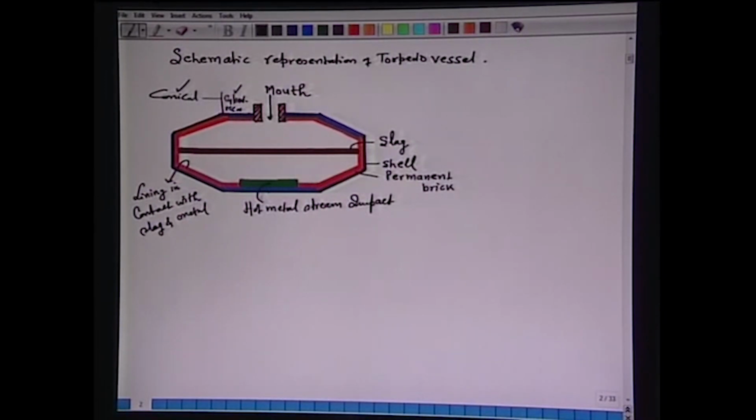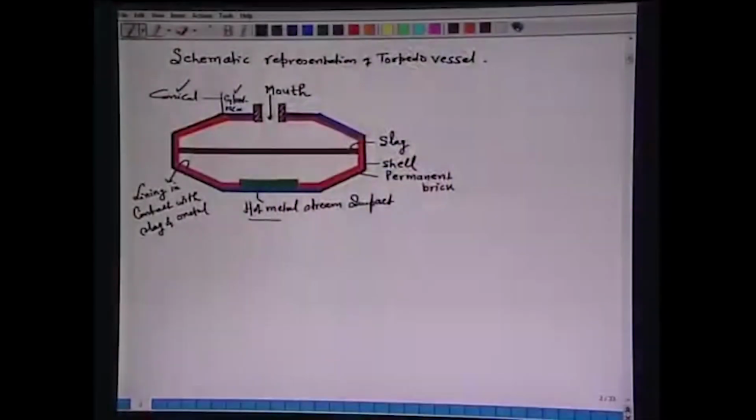The hot metal enters from the mouth and directly has an impact on the bottom of the torpedo vessel. So, this is the hot metal stream impact area, this is the shell, this is the slag, this is the permanent brick, and the red one is the lining in contact with slag and metal.